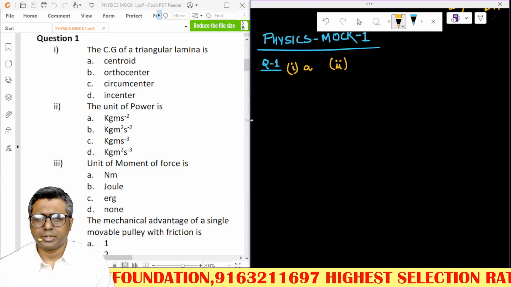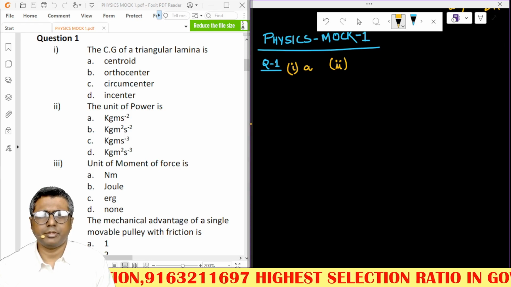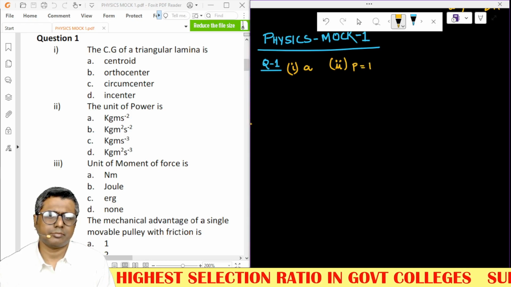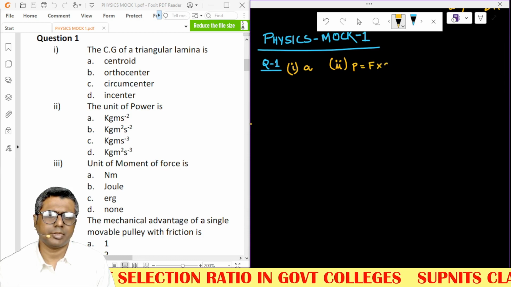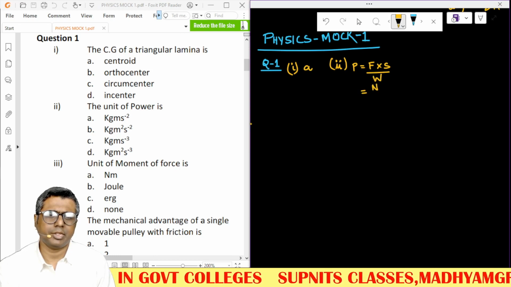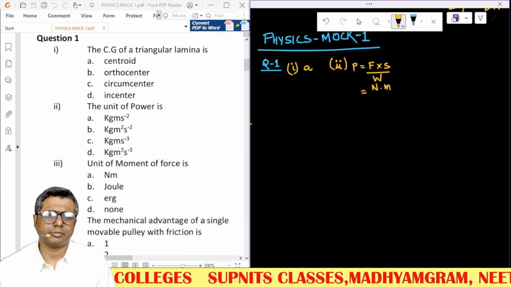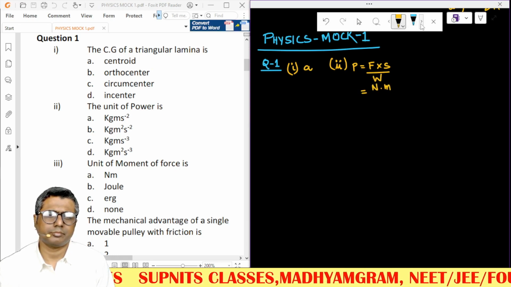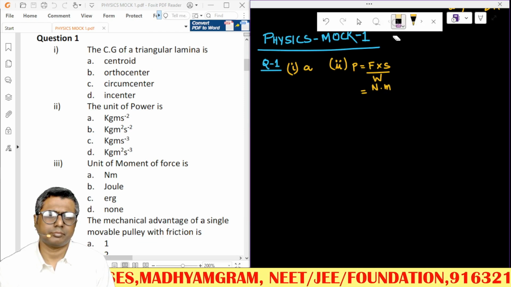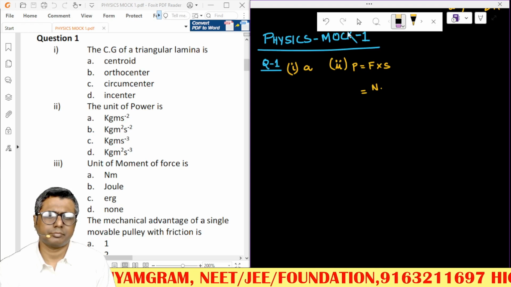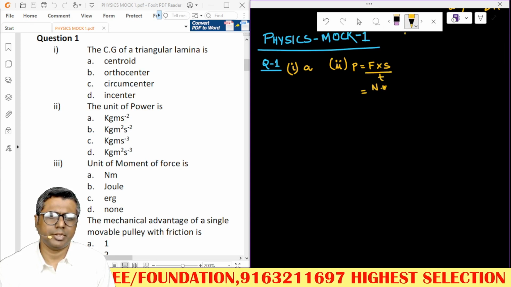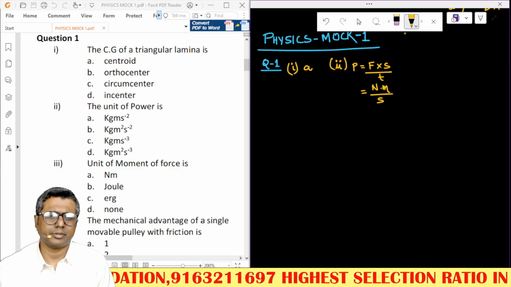Okay, unit of power. How will I find out the unit of power? Power is force into displacement, that is work, by time. What is the unit of force? Newton. So Newton meter by second.